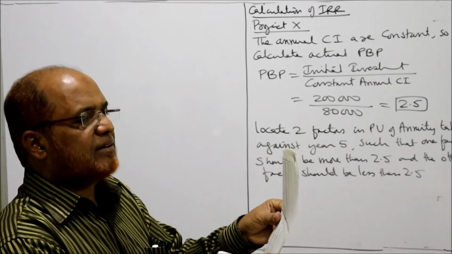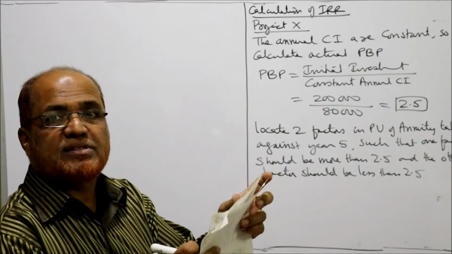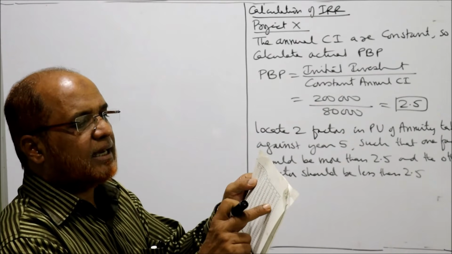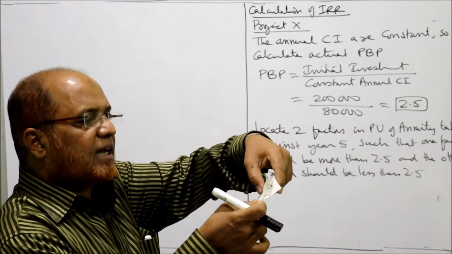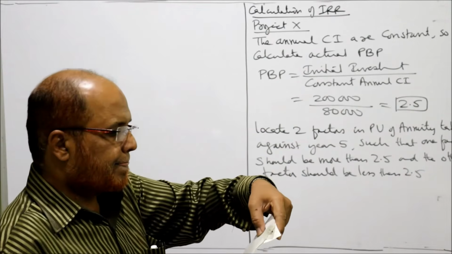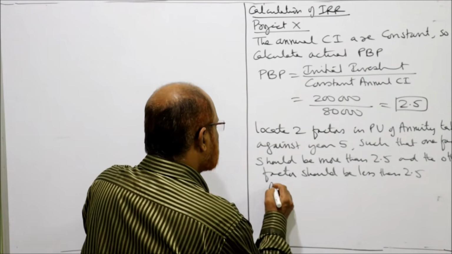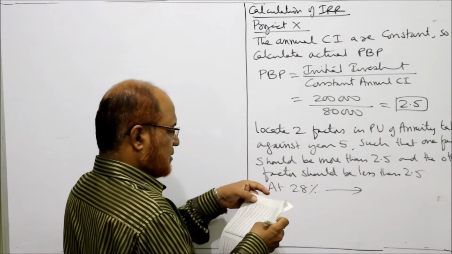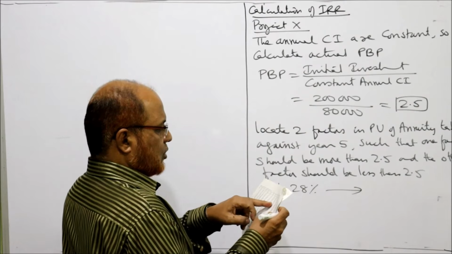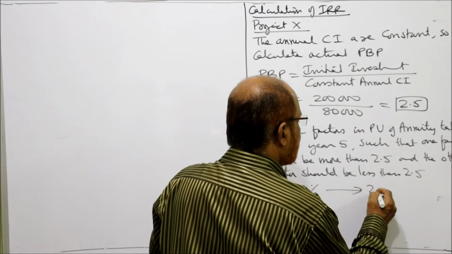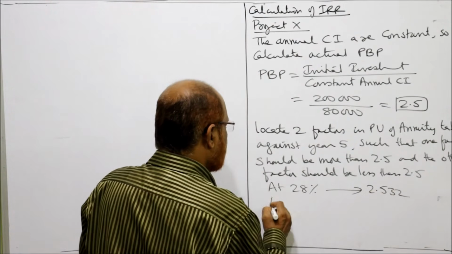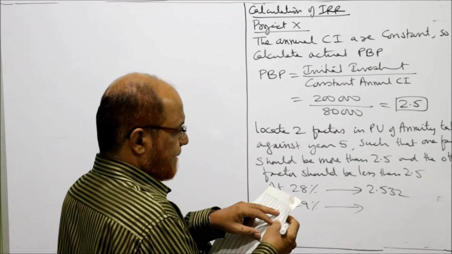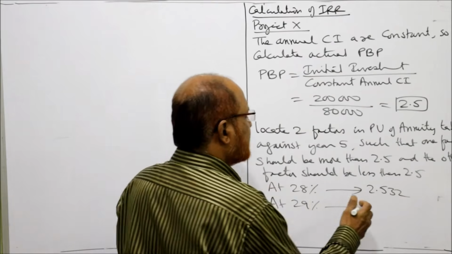One value should be more than 2.5, one value should be less than 2.5. At 28%, the value is 2.532. At 29%, 2.483.